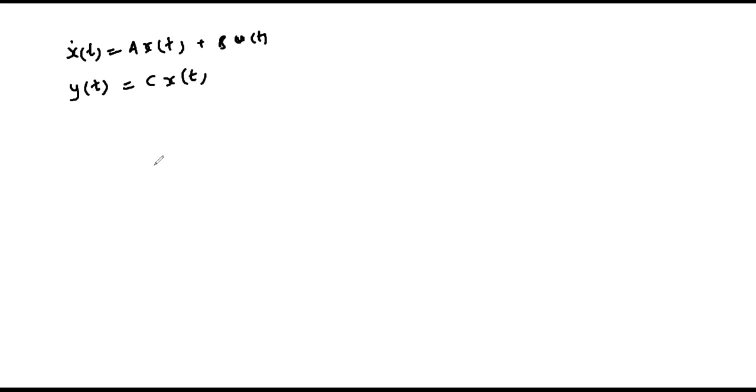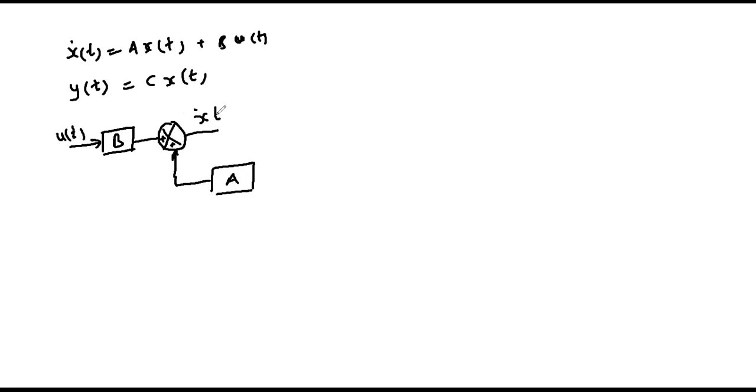We model this system in block diagram as follows. We have modeled this before. So our system will have the input u of t getting into matrix B, then a summer. We feed back x of t having passed through A. This is our x dot of t.